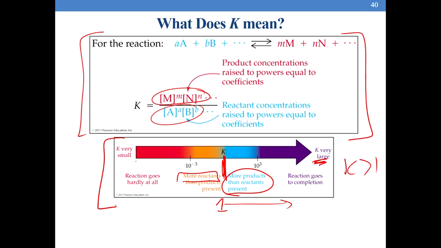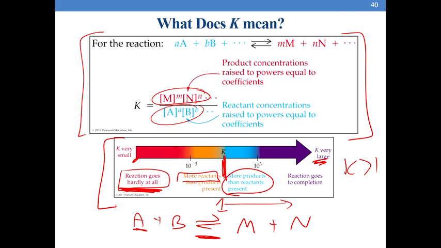And if we get really, really small, the reaction is hardly going. If you have A plus B, we can even use M plus N, and you have a really, really small K, then it's hardly going at all because A and B are favored, and we're just going to sit there as A and B in the beaker.